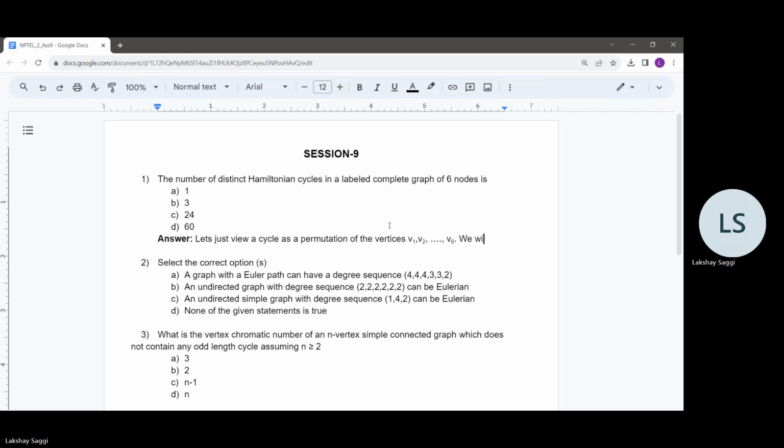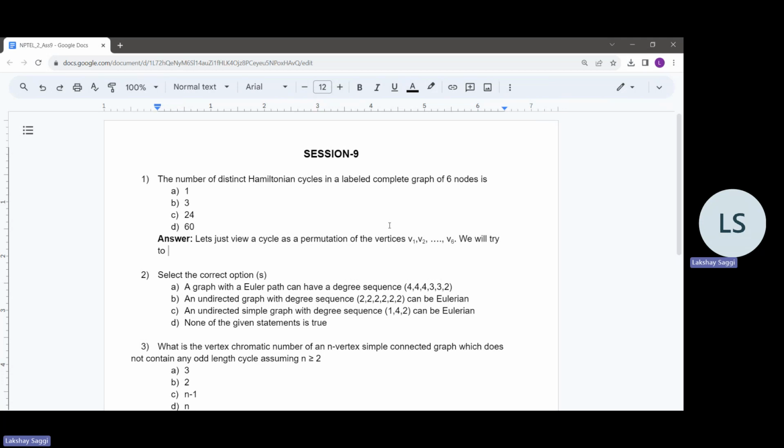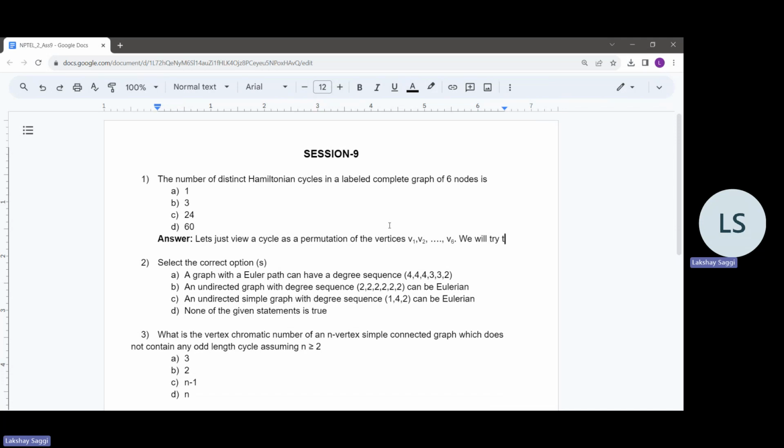Okay, I guess this is a high level idea, and I don't need to type it down. What I'm trying to say is, using these permutations of vertices, I'll try to associate each permutation to some cycle. Basically, a set of some permutations will correspond to exactly one cycle out of all the possible Hamiltonian cycles.